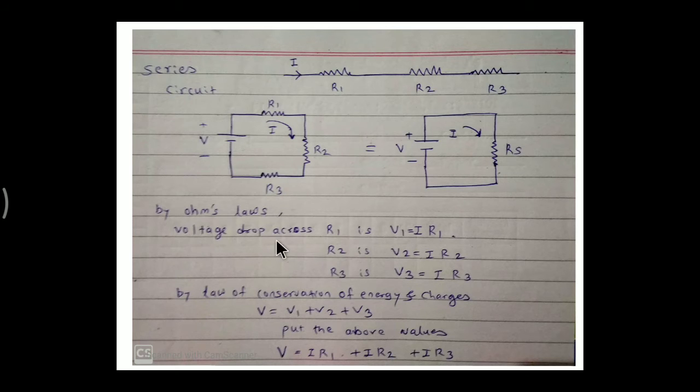Voltage drop across R1 is V1 equal to I R1, that is current into the resistance R1. The voltage drop across R2 is V2, equal to I into R2. And what is the voltage drop across R3? It is V3 equal to I R3.